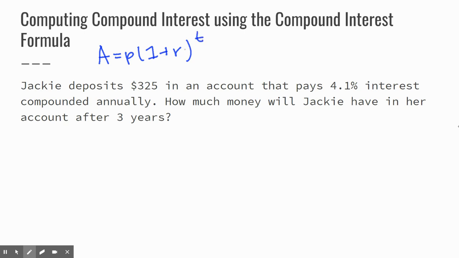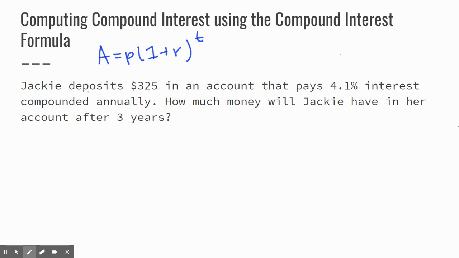Right now, our N is going to be annually, so it's just going to be 1. You're only getting compounded once a year, so we don't have to worry about our N until tomorrow. We'll get to some where that changes. But today we're just going to start off easy.